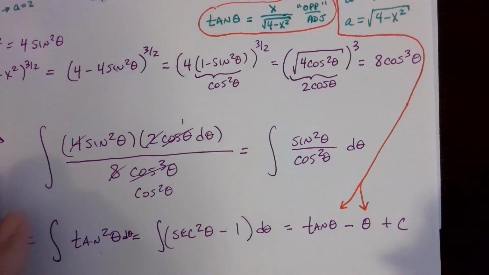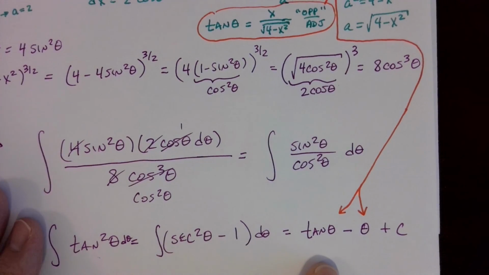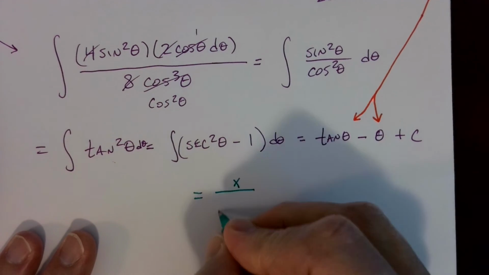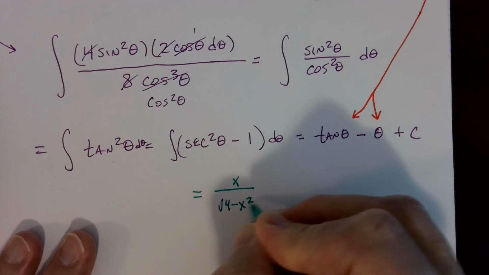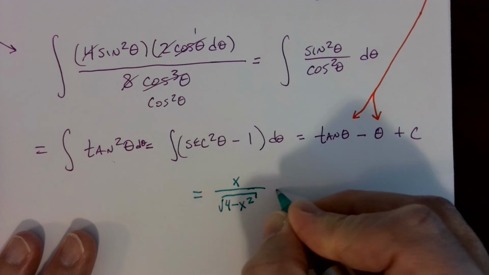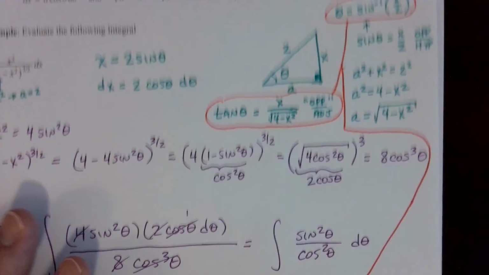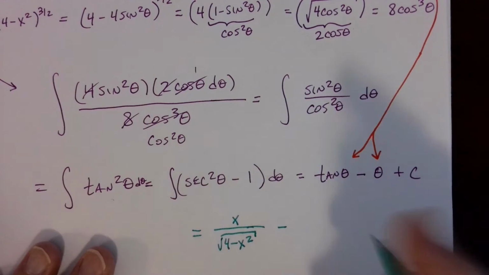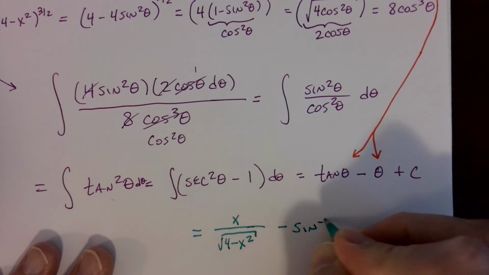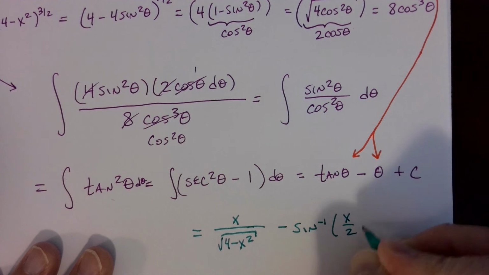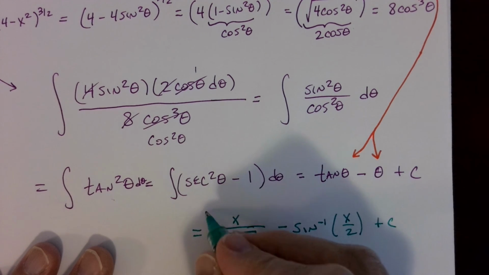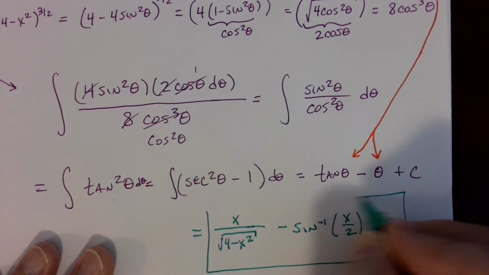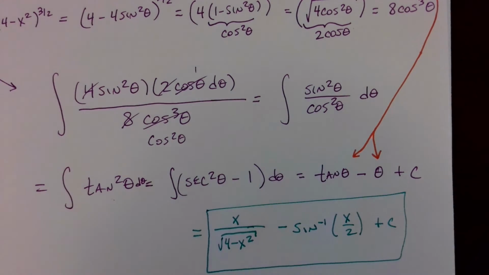So we said tangent theta is x divided by the square root of 4 minus x squared. And theta was the inverse sine of x over 2. Okay. And that's the antiderivative of the function.